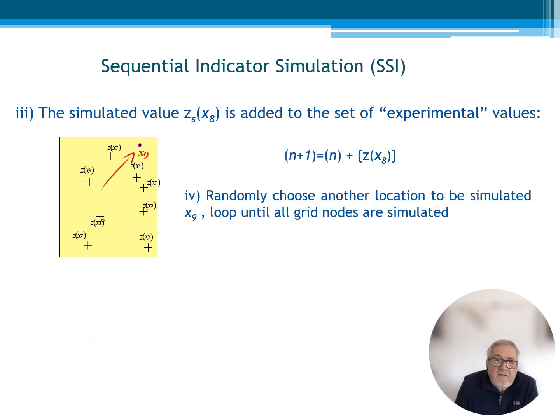So the simulated value is added to the set of experimental values. And we proceed by randomly choosing another location to be simulated, x9 for example, and we loop until all grid nodes are simulated.